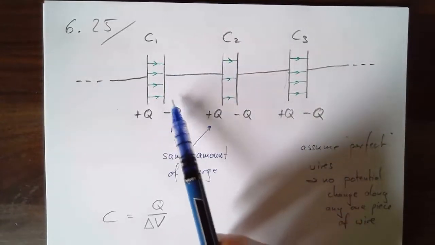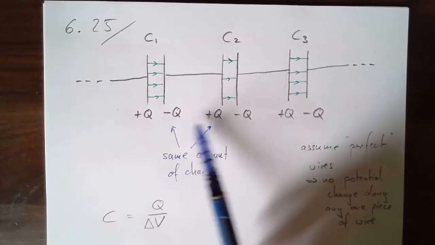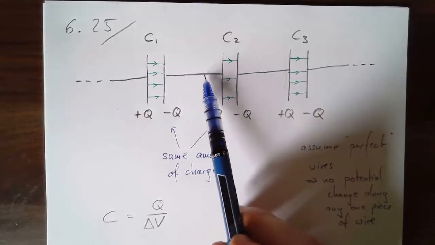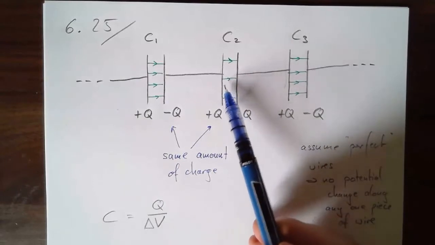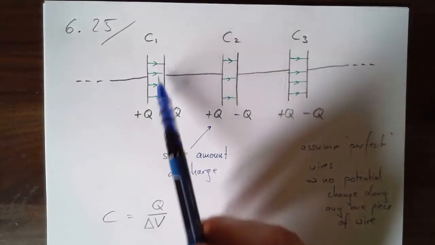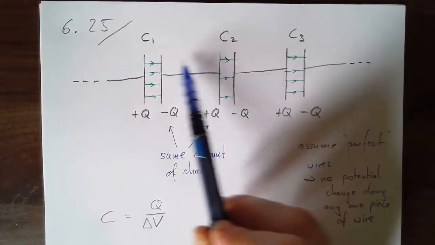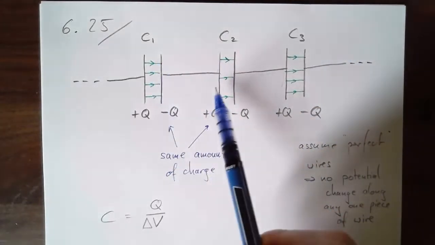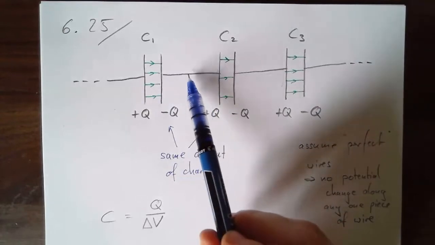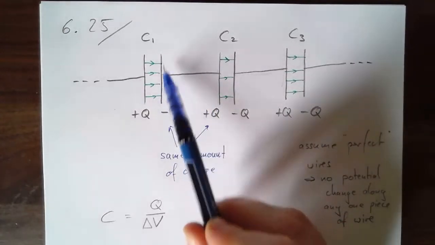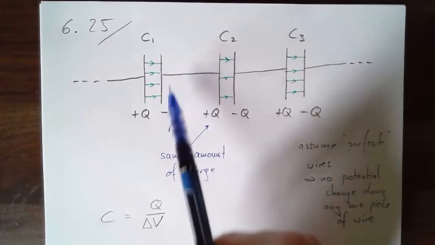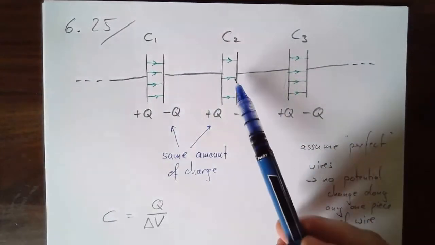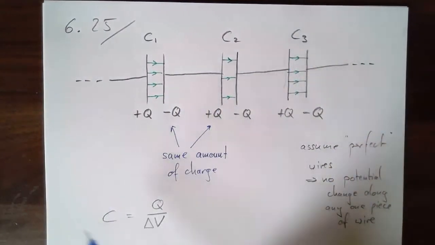So there's minus Q here, plus Q there, it's the same Q from one capacitor to the next. Because this central piece of two plates connected by a wire is neutral. So if you build up charges in one place, you're going to steal them from somewhere else. Same thing going from here to here.